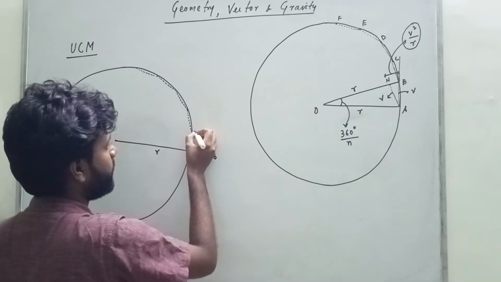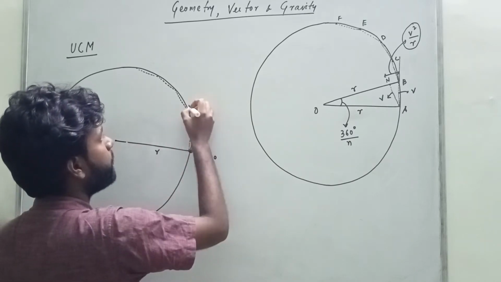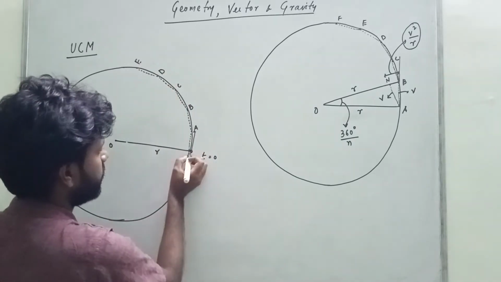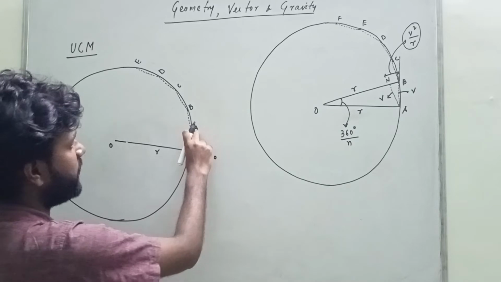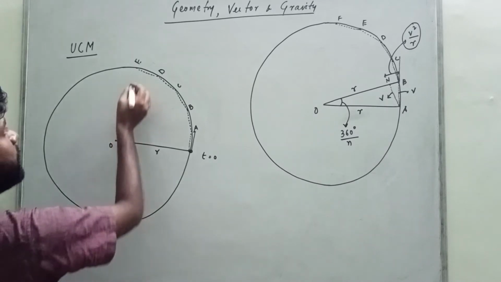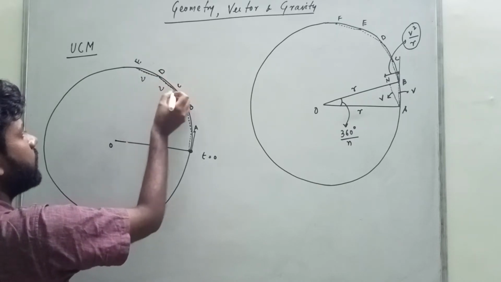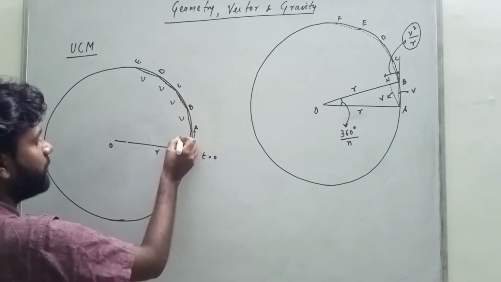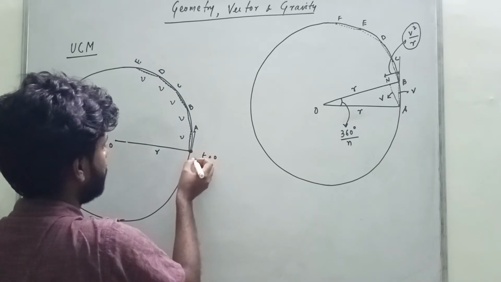Let me name the points O, A, B, C, D, E. The magnitude of velocity, the speed, is v, and I inscribe the n-sided polygon with each side v. I name this point P.